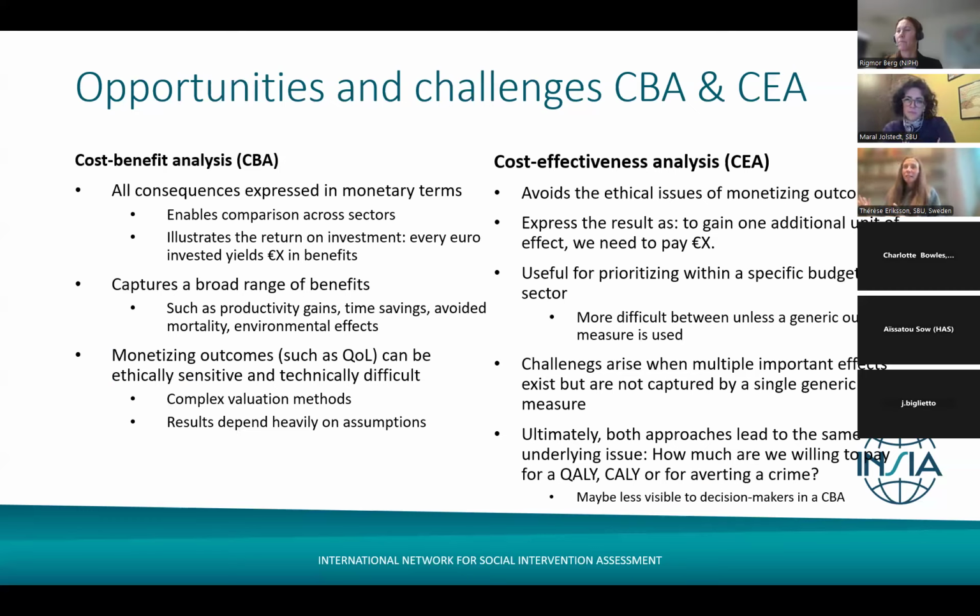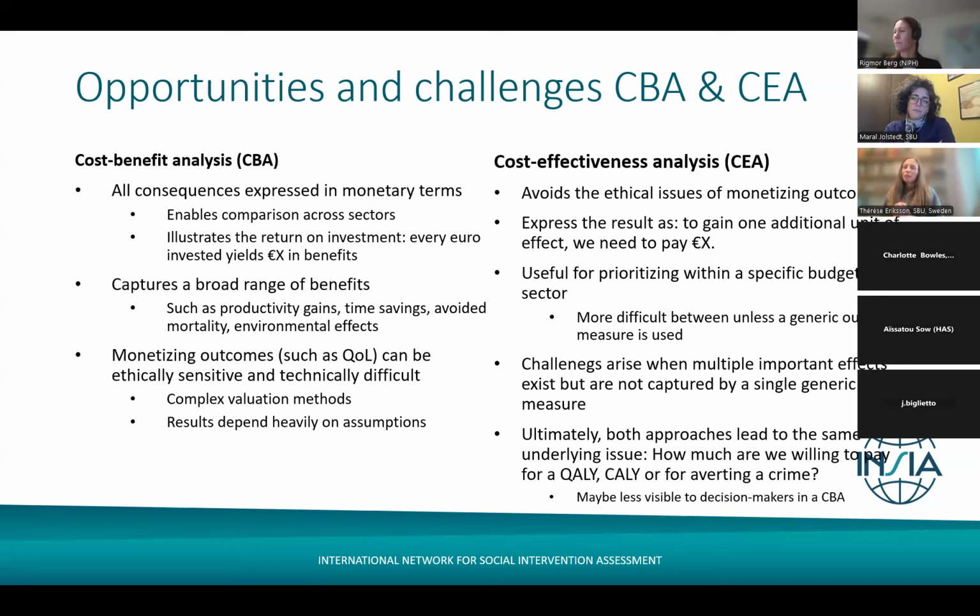In a cost effectiveness analysis, we can avoid the ethical issues of monetizing outcomes. And we express the result as: to gain an additional unit of effect, we need to pay X extra euros. And that could be very useful for prioritizing within a specific budget or sector, but it can be more difficult between sectors or budgets unless a generic outcome measure is used.